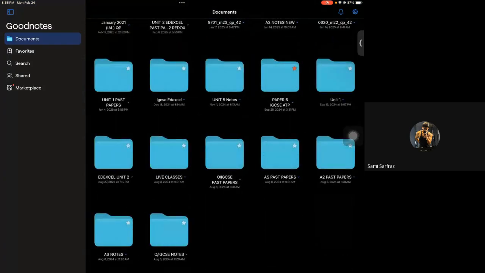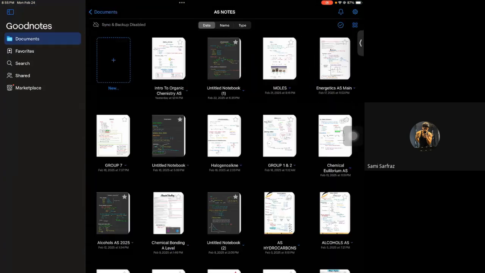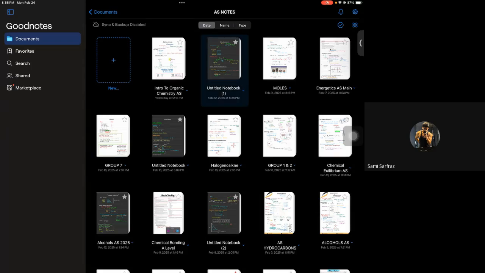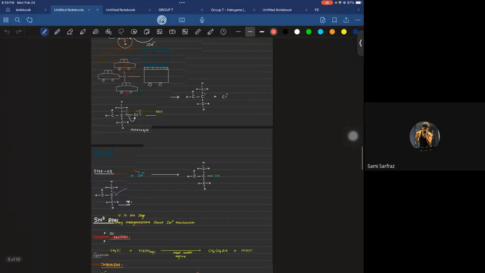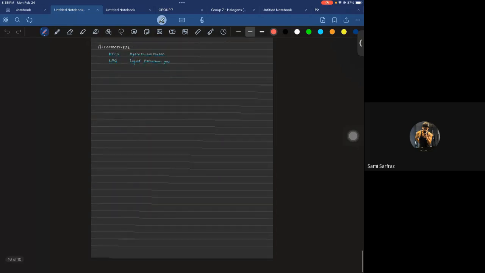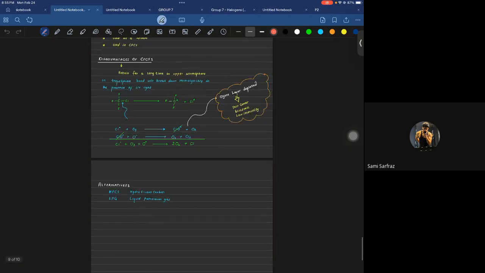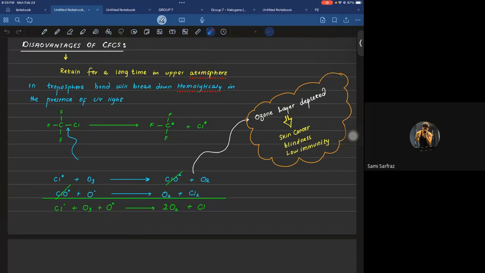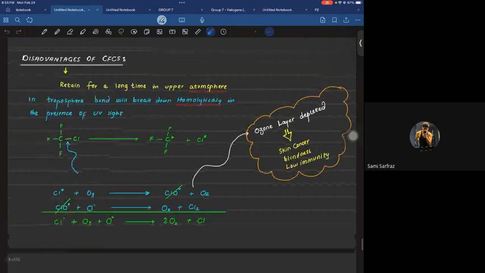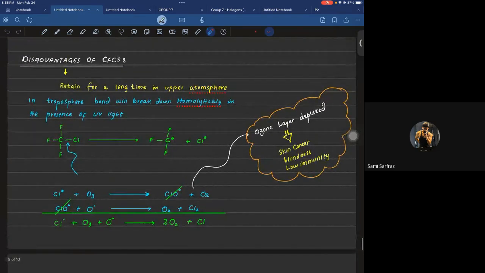Let me show you the work that we did for this. So basically, the disadvantages of CFCs: they are retained for a long time in the upper atmosphere, this bond breaks down and then reacts with ozone.